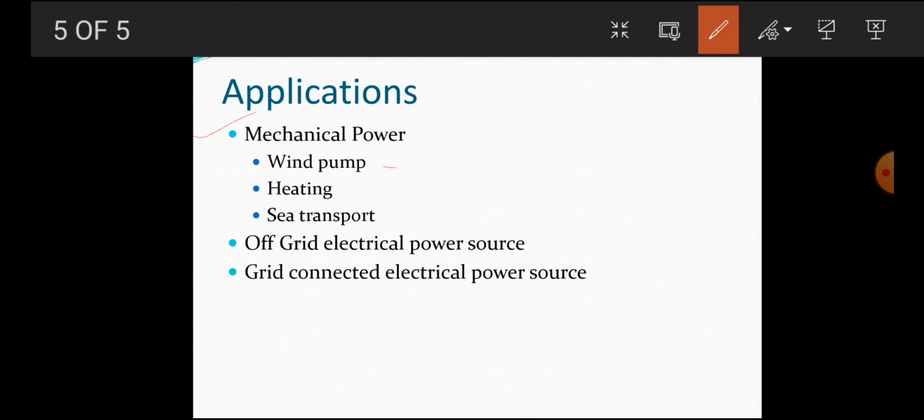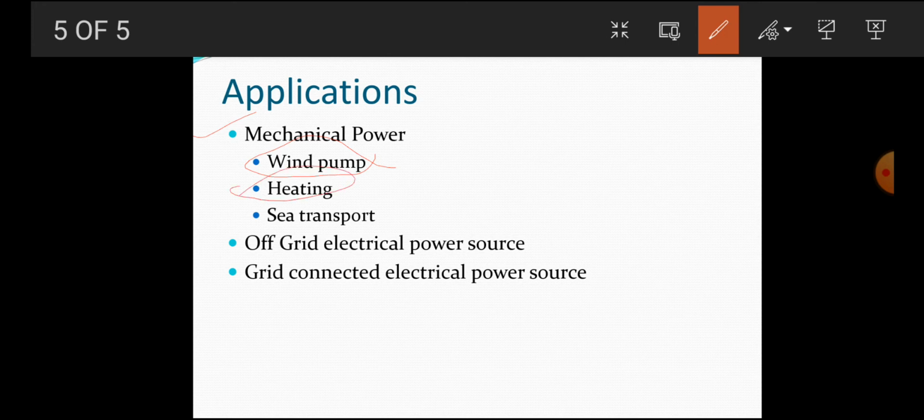First is wind pump. In remote areas, low power turbines are used for producing mechanical power for pumping water, and these are known as wind pumps. Then next is heating.